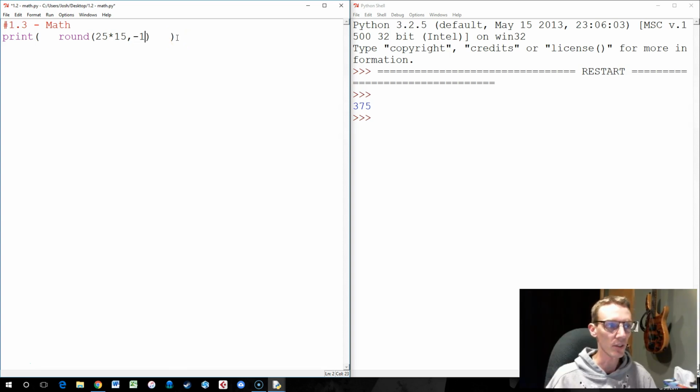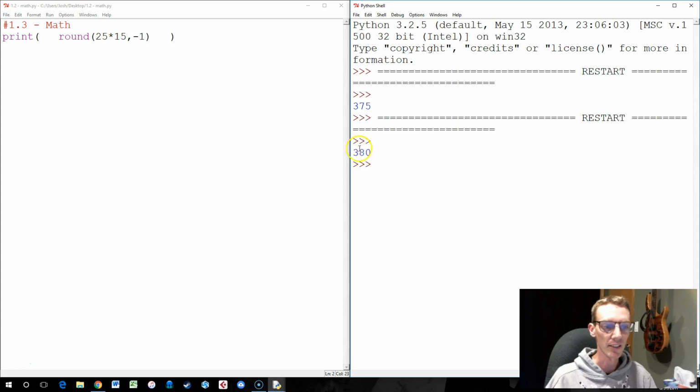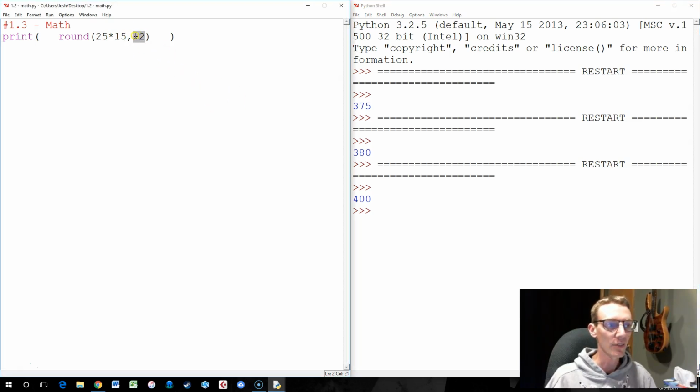So if we change this number to a -1 and we run it again, you can see that this rounded it to 380. It's rounding to the nearest 10. And if we were to change this to -2, it's going to round it to the nearest 100, and so on. So the more negative that we're rounding, it's to the left of the decimal place, more to the left, and the more positive means, like you would expect, the more decimal places that we're getting.